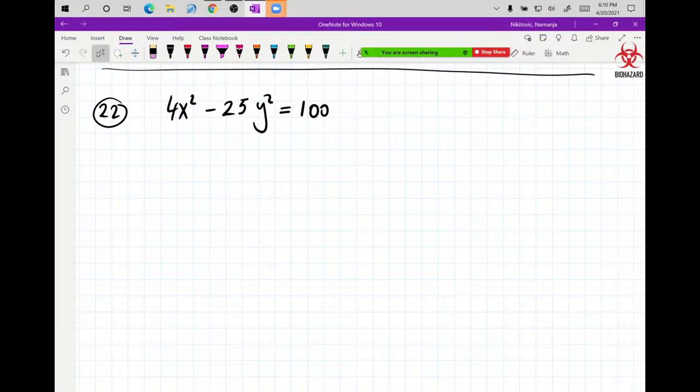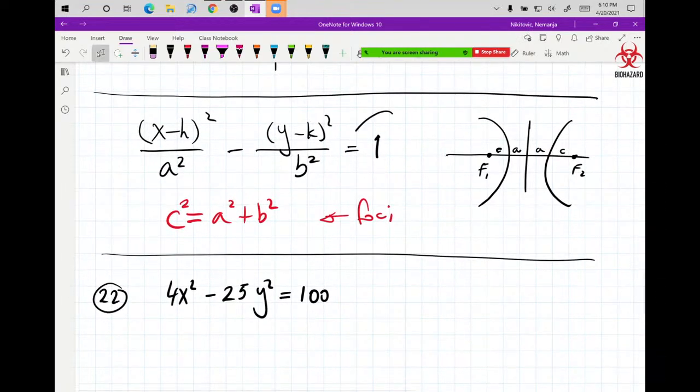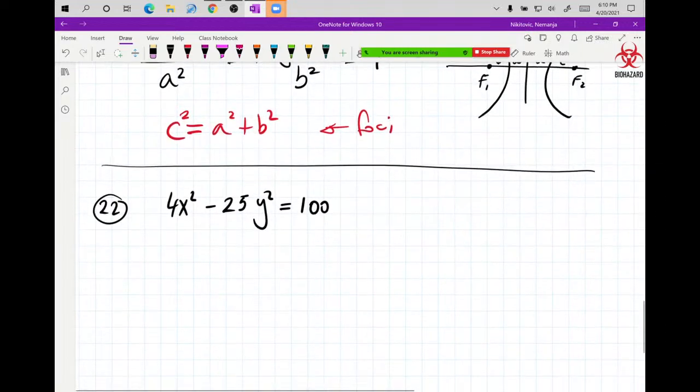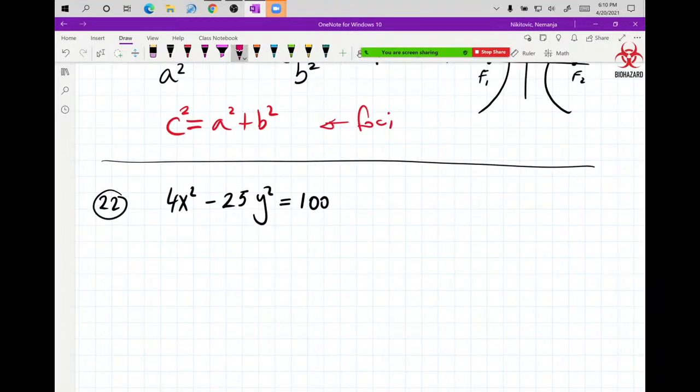Now, does this look like an equation for a hyperbola? And the answer is no, because this has to be 1, right? You have to have 1 on that side. So to achieve that, you will divide everywhere by 100, and that way the 100 on the right-hand side will cancel, giving you 1 as the answer.